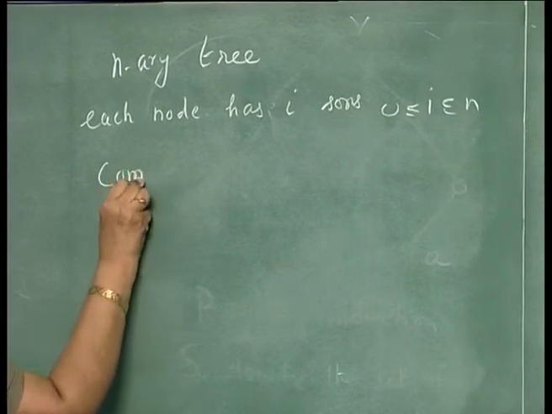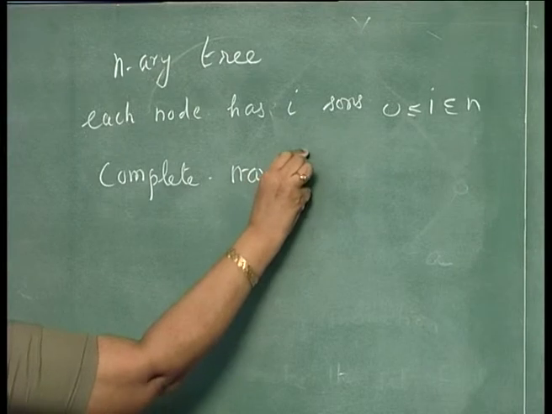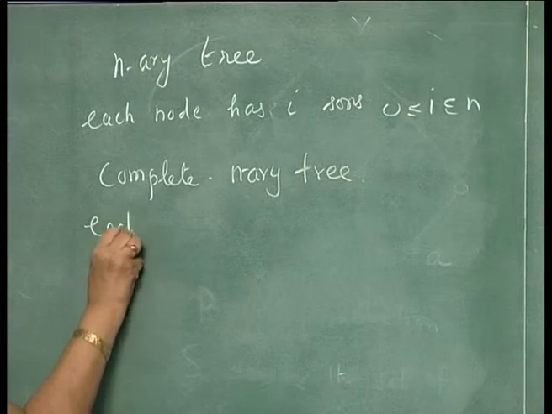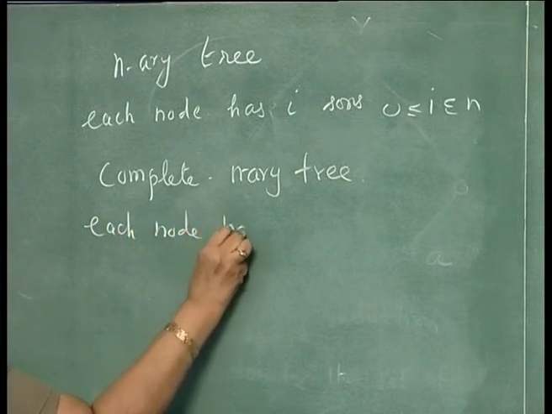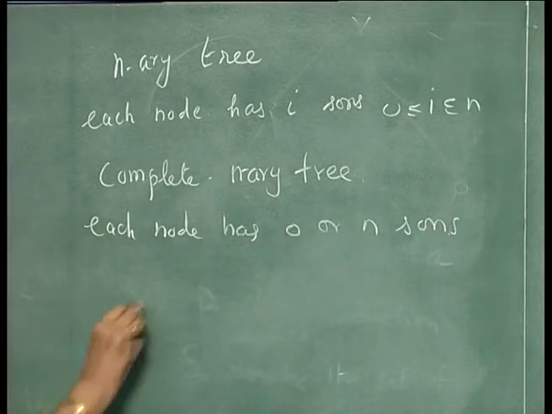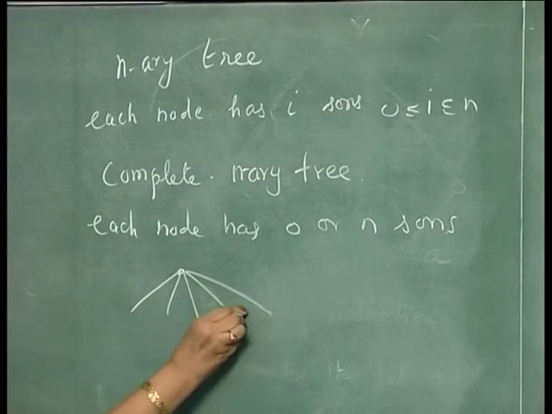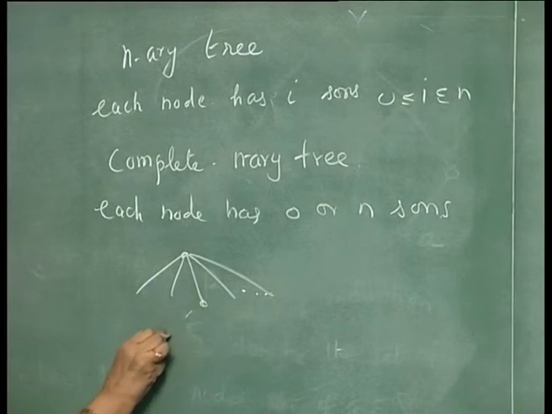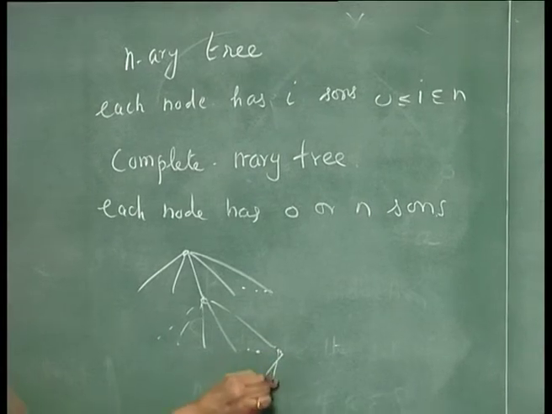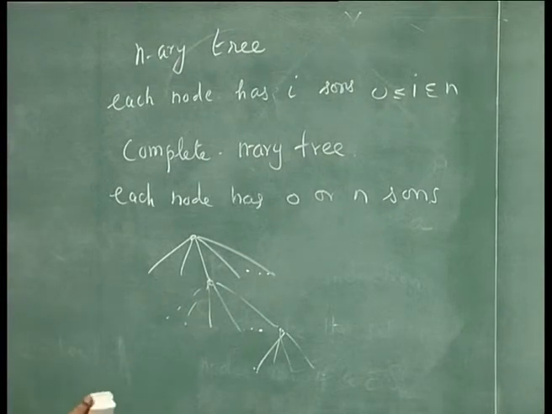A complete n-ary tree means each node has 0 or n sons. So, if you take the root, it can have n sons, and if you take any other node, it can have n sons, otherwise it will be a leaf. This is called a complete n-ary tree. Okay.